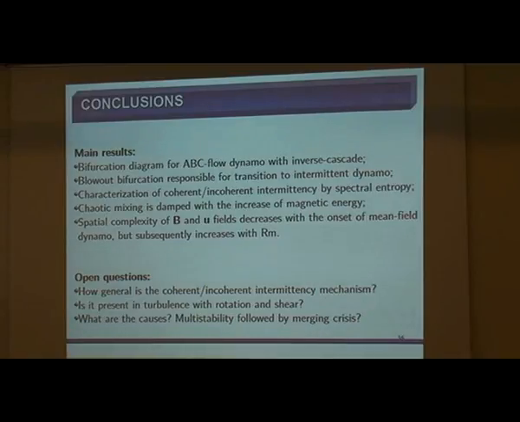So you believe that here you have a combination of large-scale and small-scale dynamo? Yeah, I do. What I know is you have a large-scale dynamo with intermittency. But you don't have magnetic fluctuations when you have zero mean magnetic field.